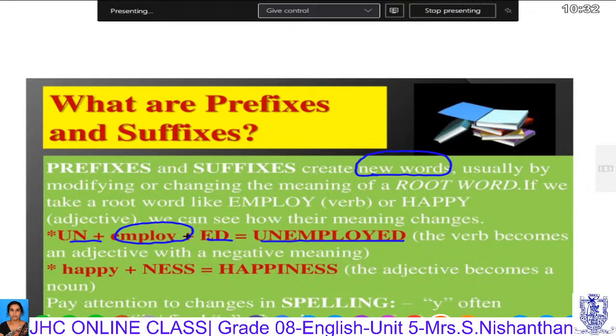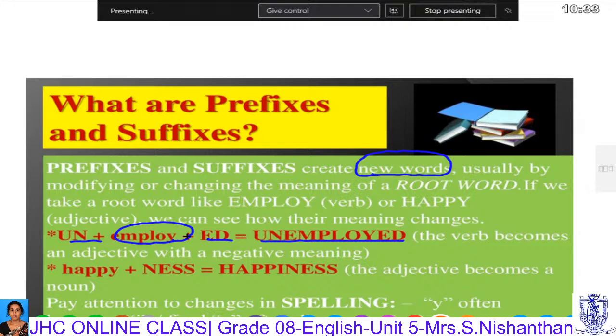It is now an adjective describing a group of people. He is an unemployed boy. She is an unemployed woman. An adjective with a negative meaning. At the same time, it gives the negative meaning. So the prefix and suffix change the word class and meaning, and also give a negative form.